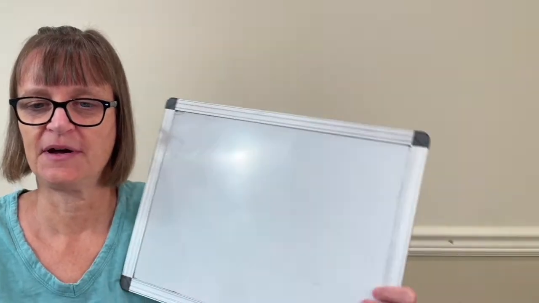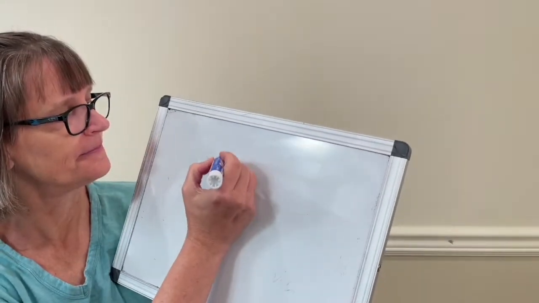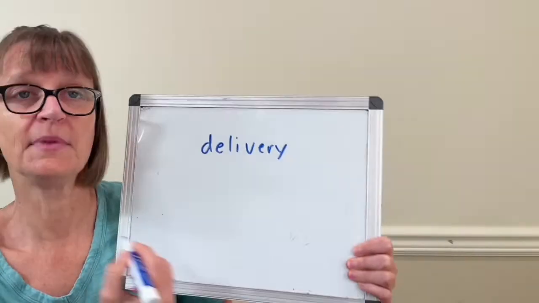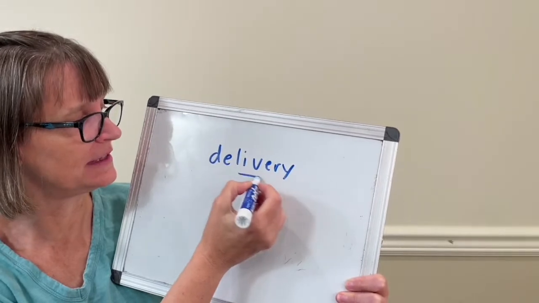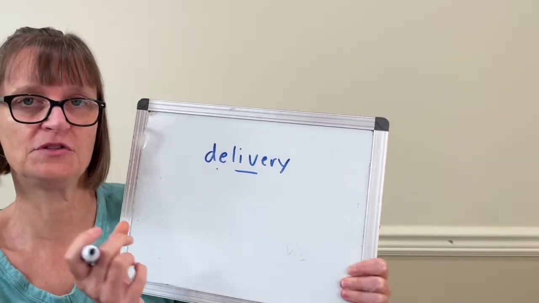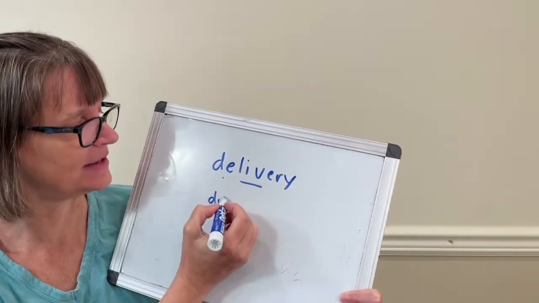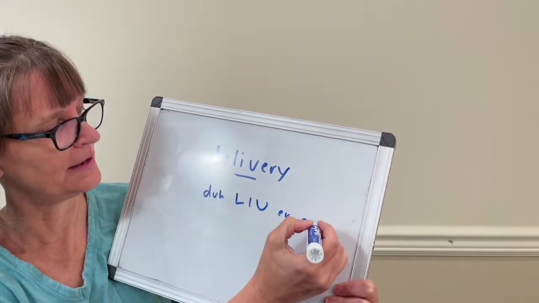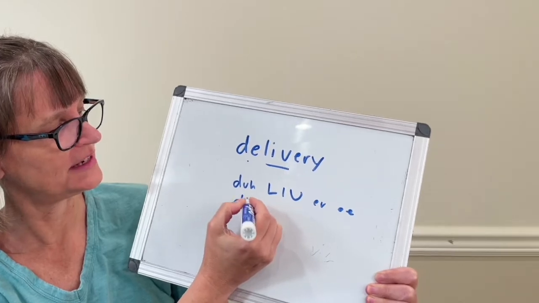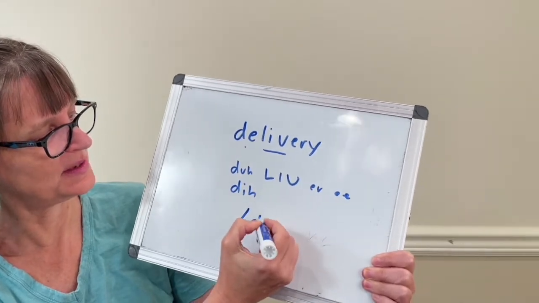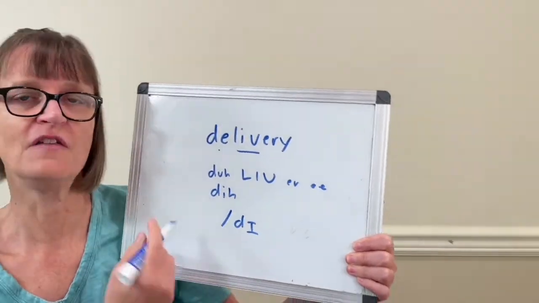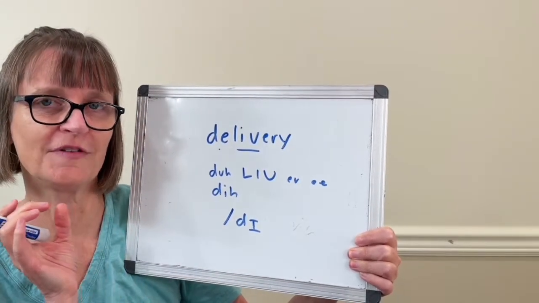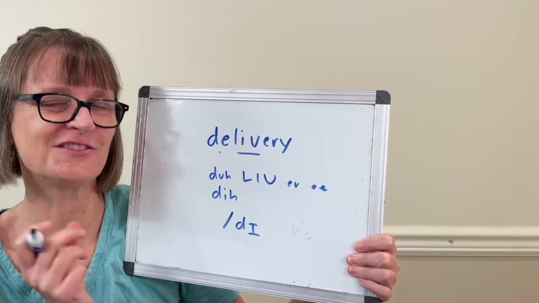We have a question about the word delivery. So pronunciation of delivery. Because delivery is stressed on the liv syllable, we will have a reduced vowel here, and I can say it as duh-livery, or you may see it in the dictionary with this symbol, the I sound. Often letter E, when it's in an unstressed first syllable, is a little bit more of an I than an uh, but it doesn't matter too much.